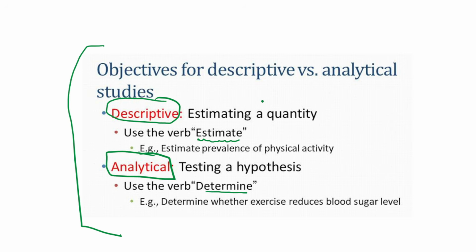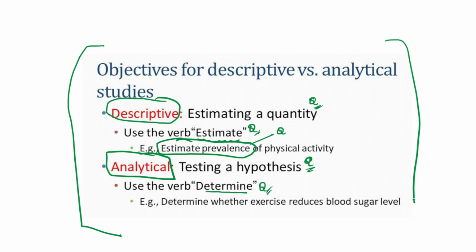Previously, they have also asked that descriptive studies are used for estimating a quantity. They have also asked analytical studies are used for testing a hypothesis. They have also asked to estimate a prevalence, what is used. Then we have taken the answer as descriptive studies.